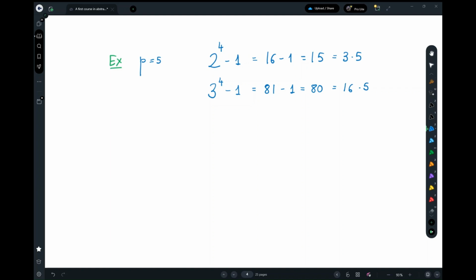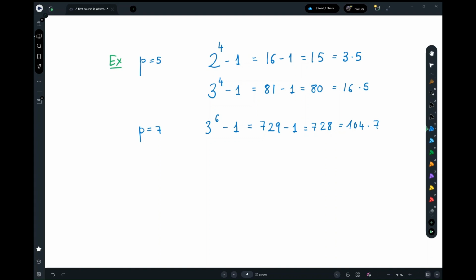So those are multiples of 5. Let's take, for example, p equals 7. Then how much is 3 to the 6 minus 1? Is that a multiple of 7? This is 729 minus 1, which is 728. And it turns out 728 is 104 times 7. So it is divisible by 7.